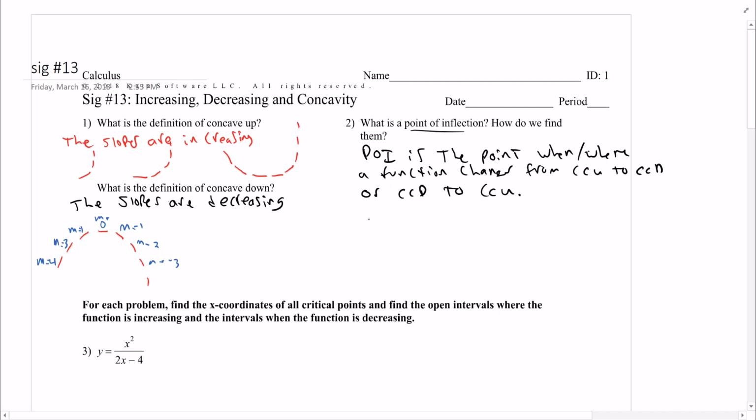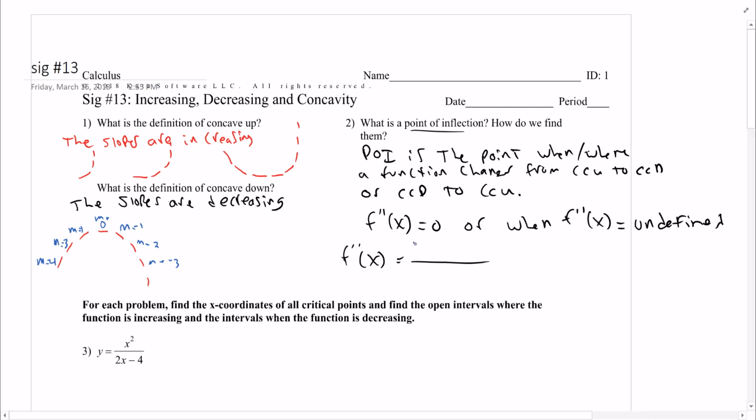Well, they happen when the second derivative of our function equals 0, or when the second derivative of our function is undefined. Okay, so let's pretend when I take my second derivative it looks like, I don't know, like this.